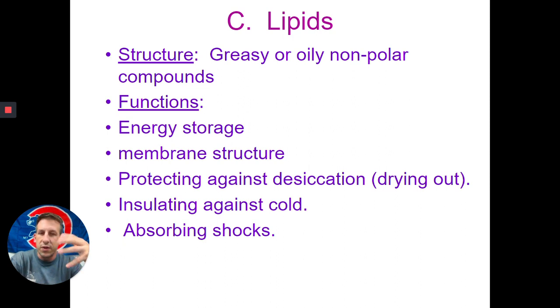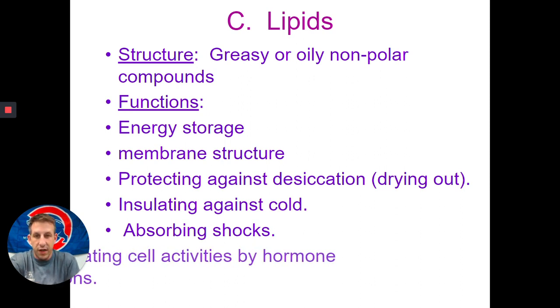So with babies, you coat their skin in this oil and it keeps the water inside. It acts like a blocker for water. Sometimes that's a good thing, sometimes that's a bad thing. Okay, lipids also insulate against cold. We see this in many Arctic creatures, whales and penguins and walruses and big seals and sea lions, stuff like that, right?